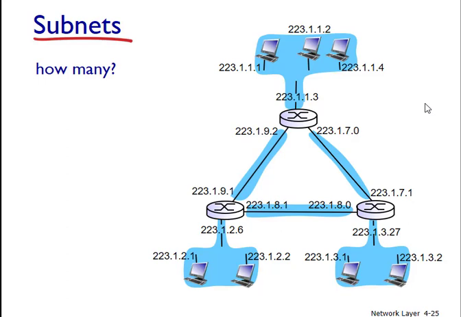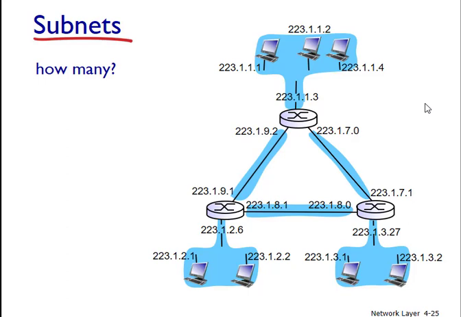For a general interconnected system of routers and hosts, we can use the following recipe to define the subnets in the system. To determine the subnets, detach each interface from its host or router, creating islands of isolated networks with interfaces terminating the endpoints of the isolated networks. Each of these isolated networks is called a subnet.